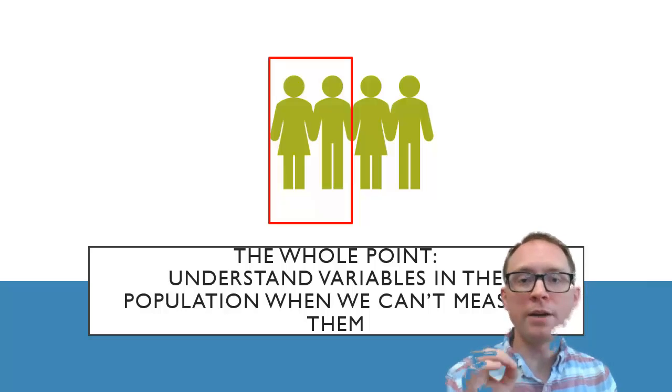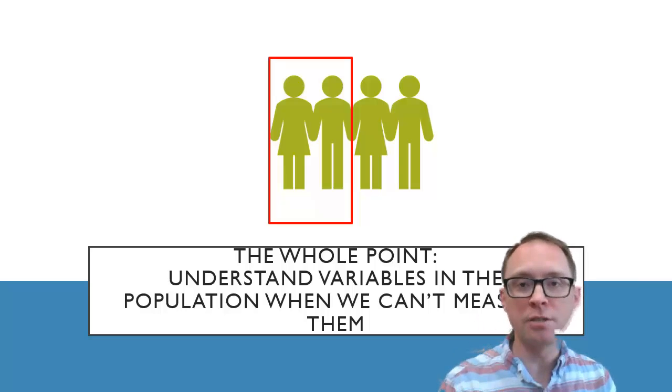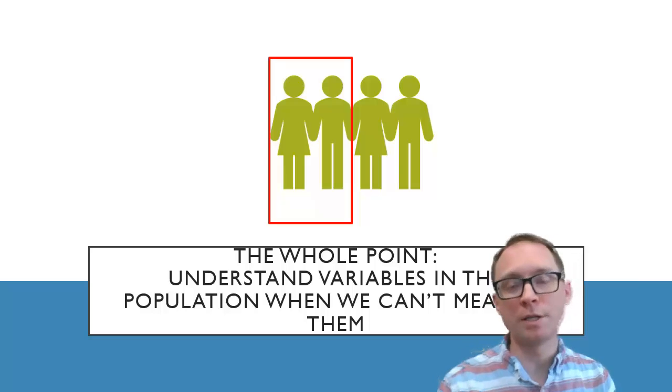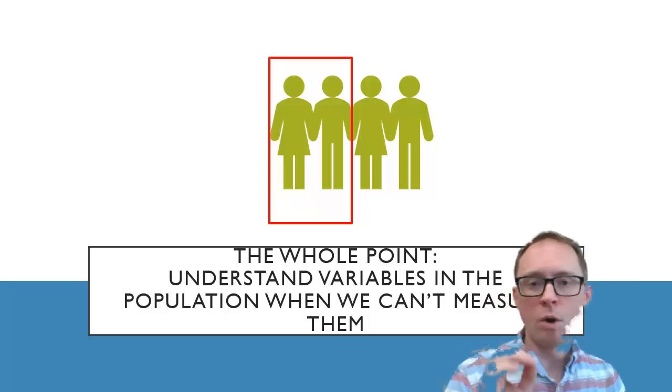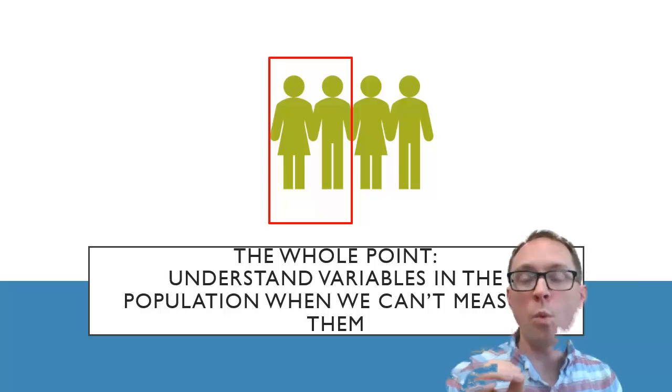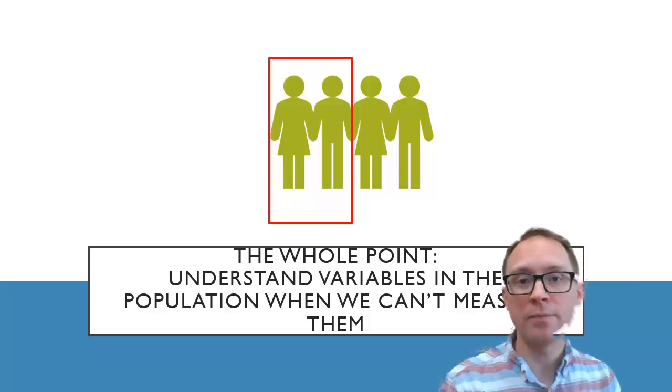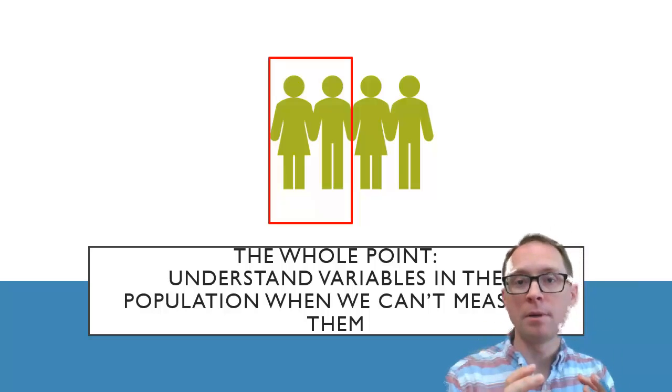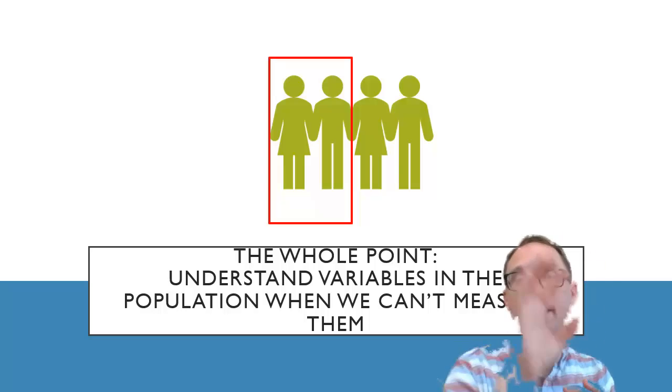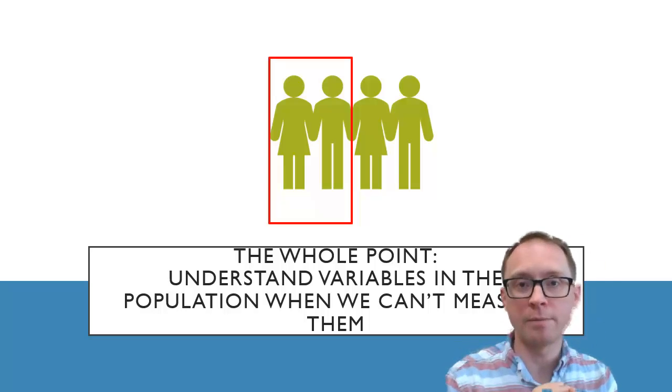The whole point of this class is to understand variables in the population when we can't do an entire census. So what we are trying to do in this class is take a sample and understand what's going on in the population based off of the sample.